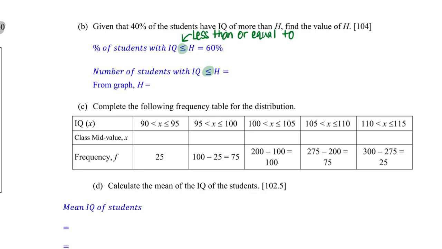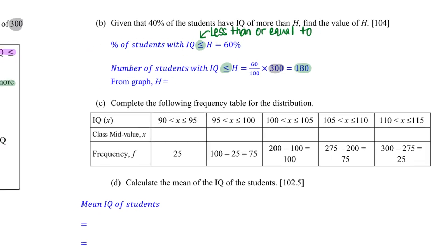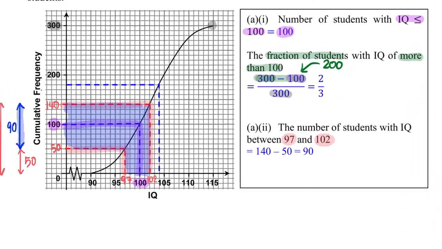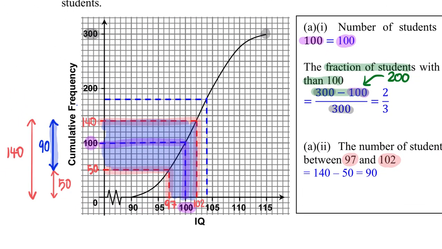That means I would tap on this 60% and then multiply by 300, which is the total number of students. So now I know 180 students have IQ less than or equal to H. So where is this H? 180, that's why we are going into this graph again and gather that 180, which is here, I will be able to get the answer from here.